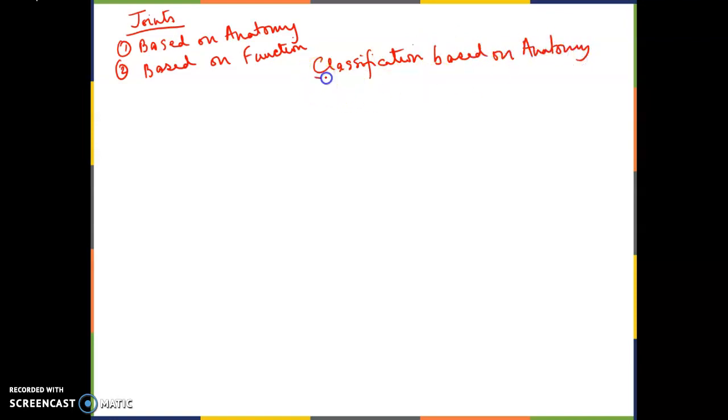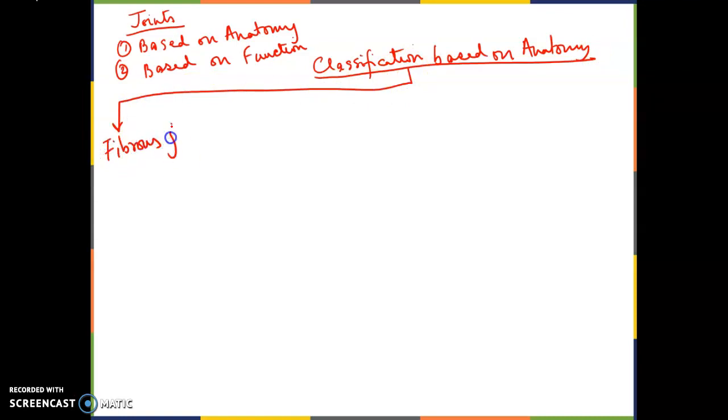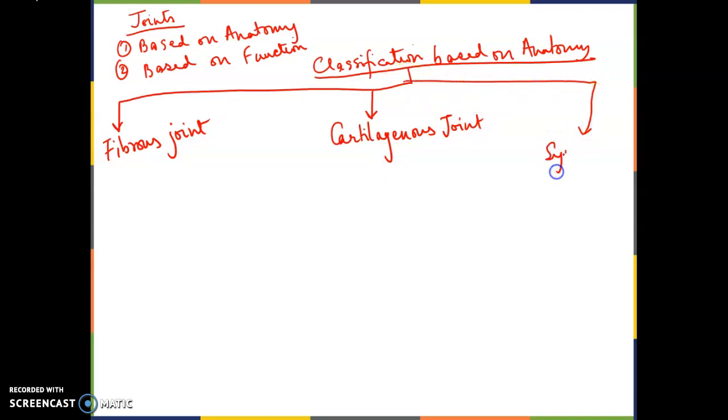Based on anatomy, joints can be classified into 3 types. First, we have something called fibrous joint. Then we have something called cartilaginous joint. And finally, we have something called synovial joint. You might have heard about synovial joint before.